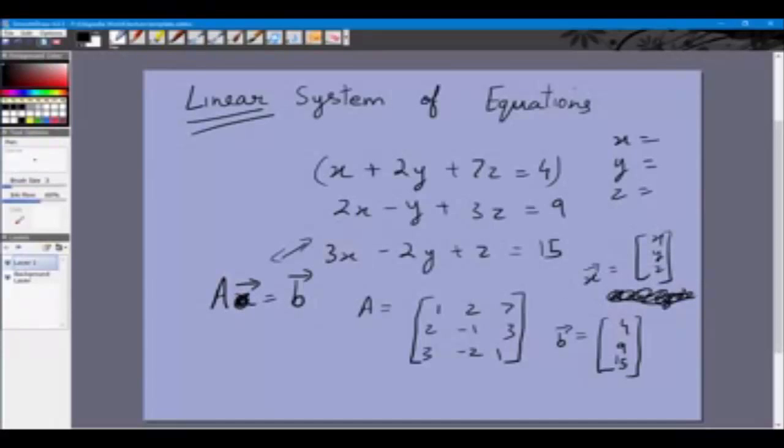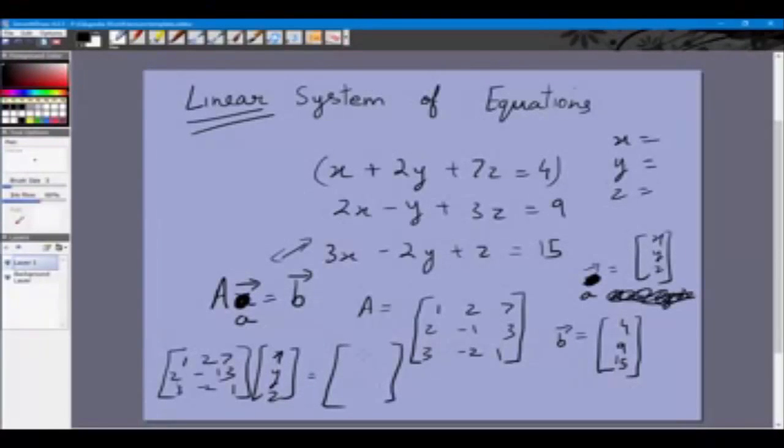Actually, let me just use small a here, because x might end up resulting in a confusion, right? So you take this matrix, multiply by this matrix, right? What do you get? You get 1, 2, 7, 2 minus 1, 3, 3 minus 2, 1. You multiply it by x, y, z. You get a 3 cross 1 matrix with 3 terms.